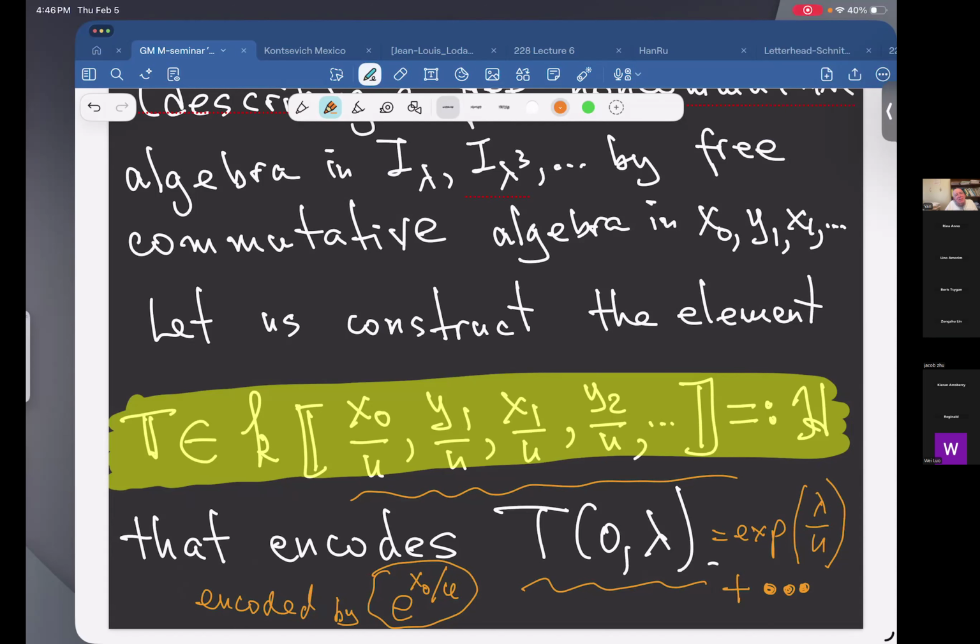It's interesting. You have some Fock space modeled over formal series, in two infinity variables.